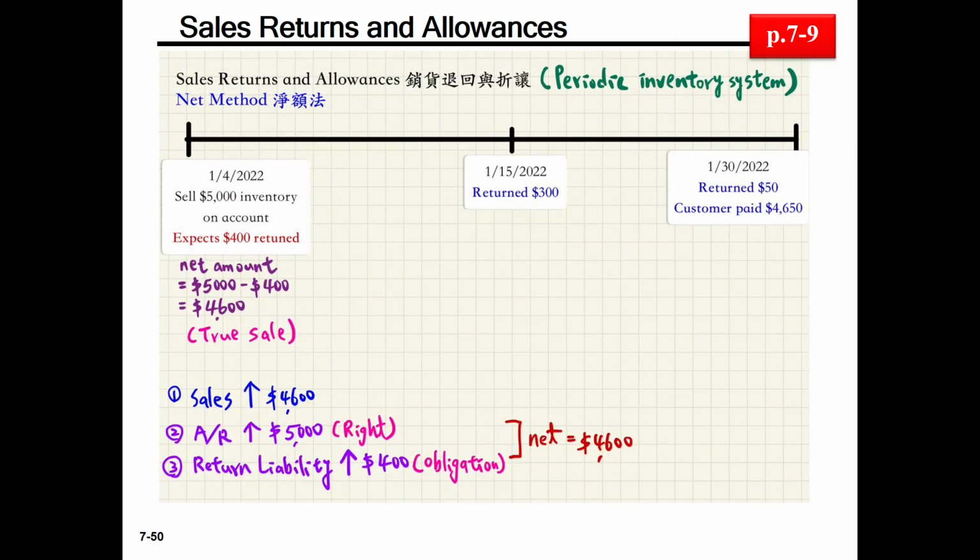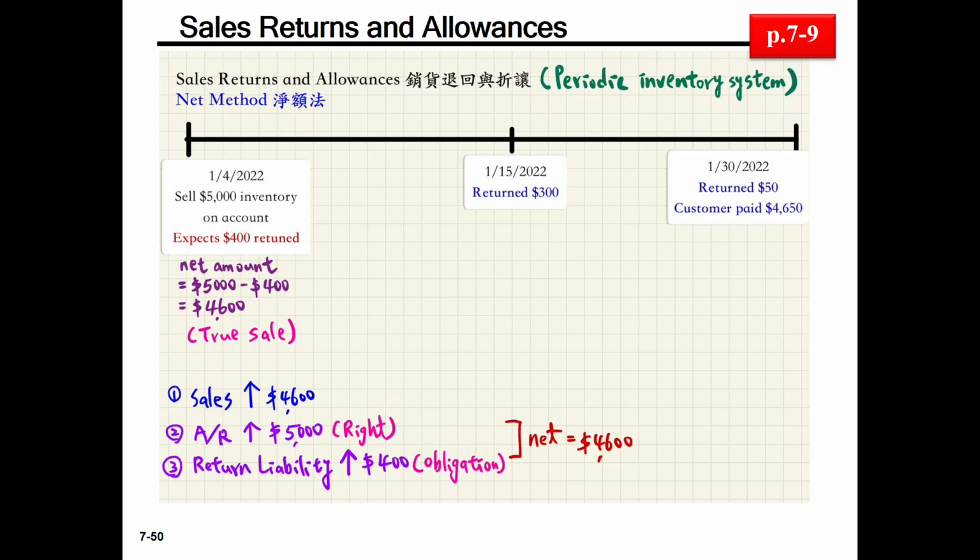So let's look at today, the first day. What happened? You sold 5,000 of inventory to customers. Also, you expect 400 is going to be returned in the future, right? Based on this, don't forget, in this case you could use only the net method. So we have to consider the net amount.